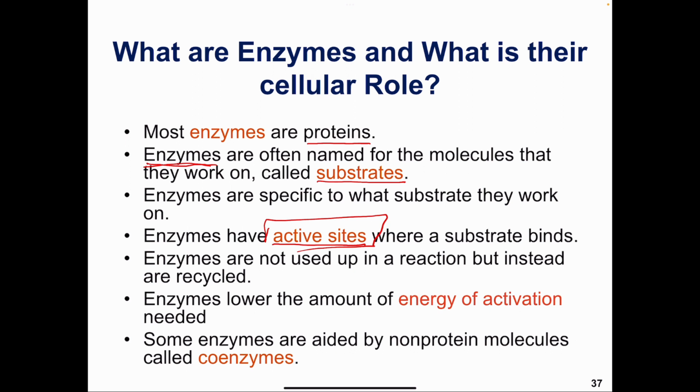When we talk about catalysis of the chemical reaction, really what we mean here is that the enzyme is going to help a chemical reaction occur. But the question is, how does that enzyme help?